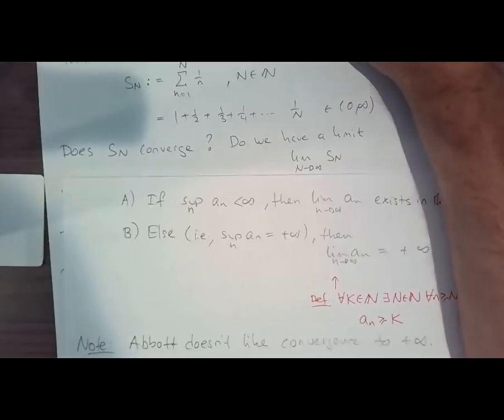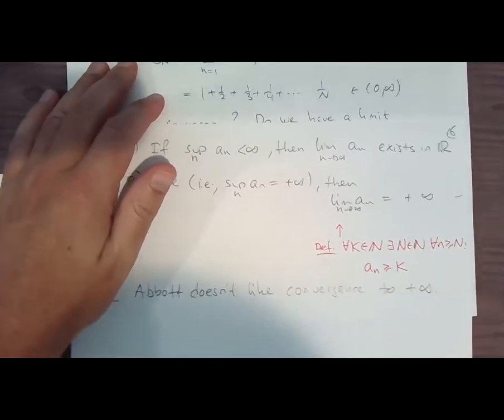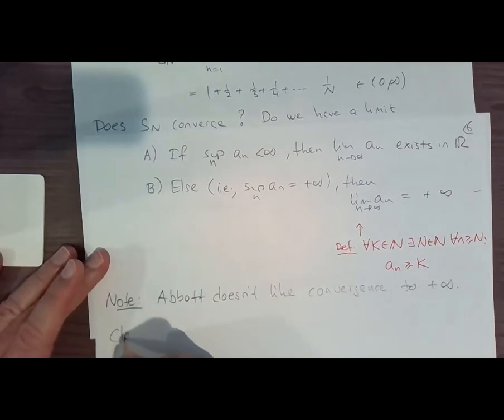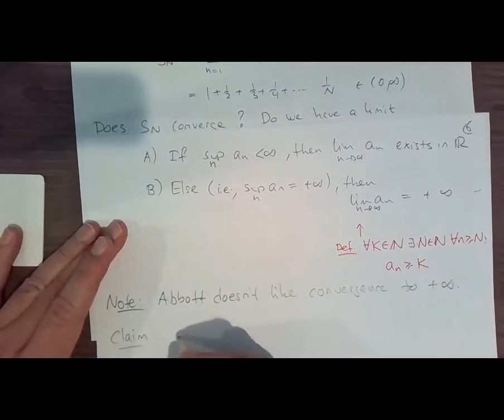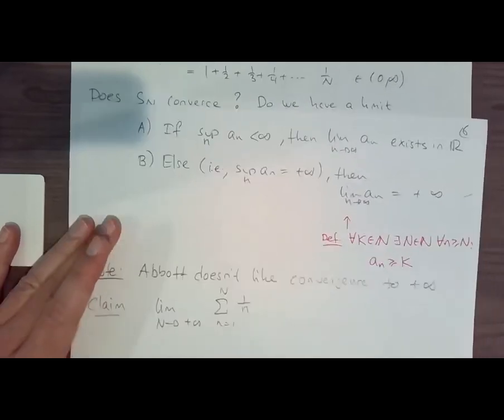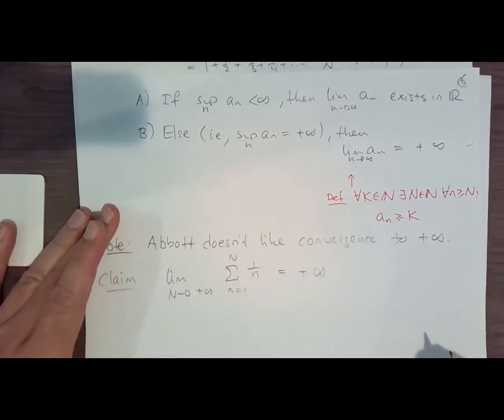I want to show you one proof of why this thing goes to plus infinity. So the claim is that if I take the limit as n goes to infinity of this sum, that limiting object is equal to plus infinity.